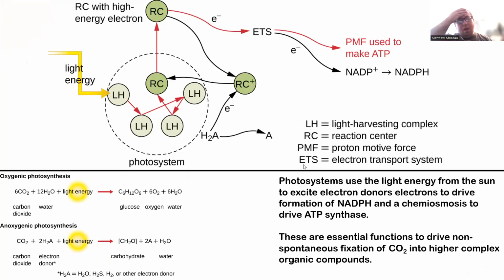So inside of the actual membranes of these photosynthetic bacteria, we look at the ability to drive photosynthesis. This happens through a series of enzymes and enzyme complexes known as photosystems.